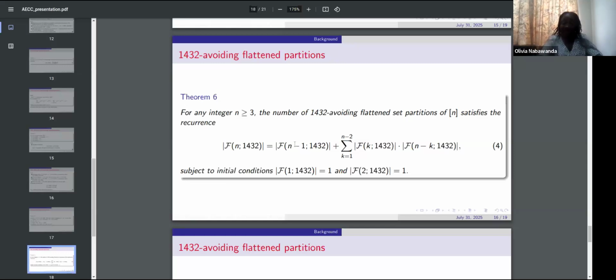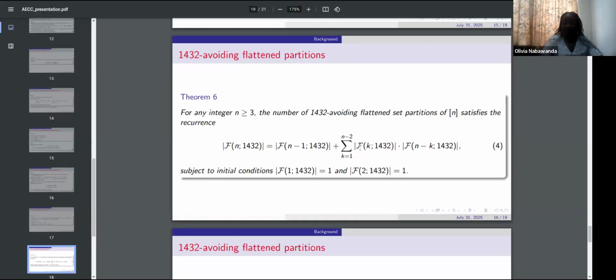So this set alone of flattened partitions of length n minus 1 avoiding 1432 contributes this number to the set of 1432 avoiding flattened partitions of length n.